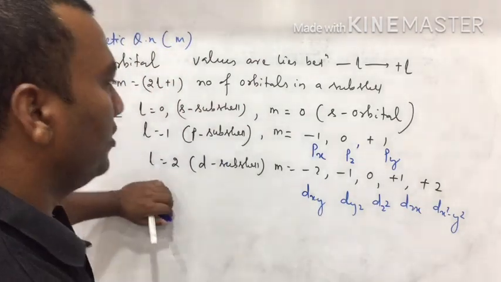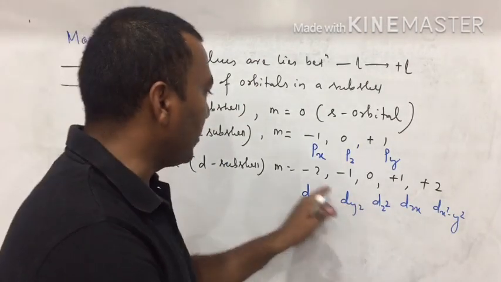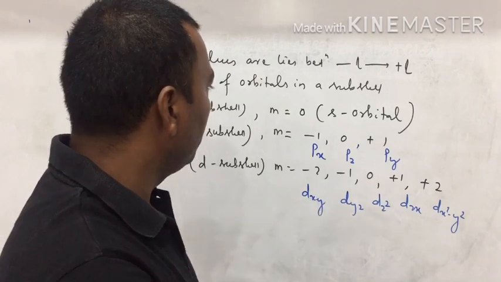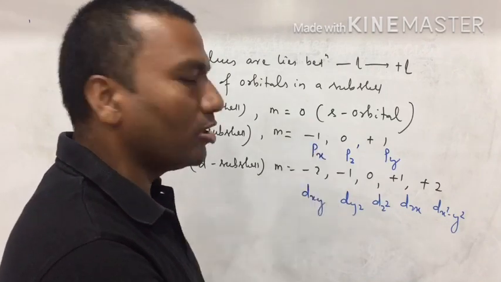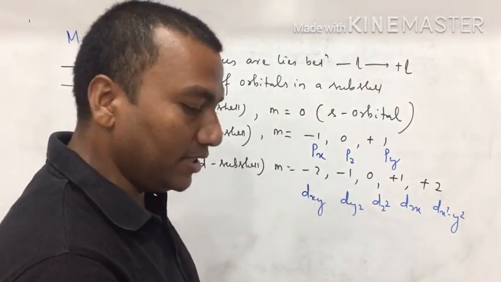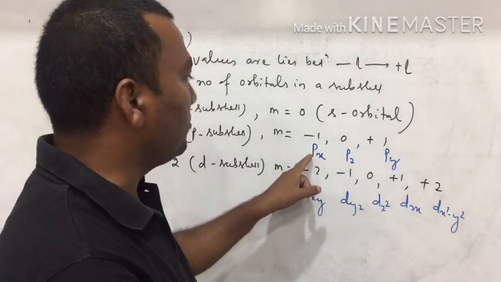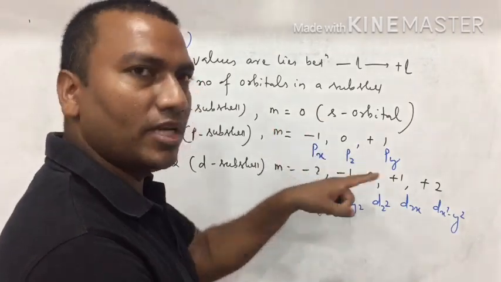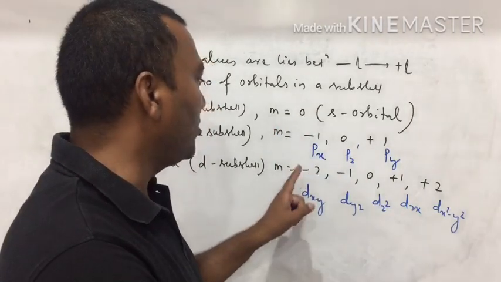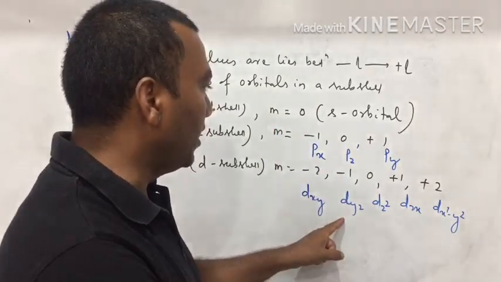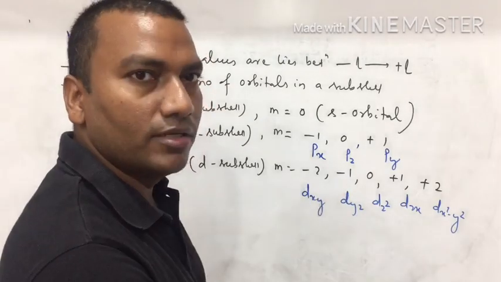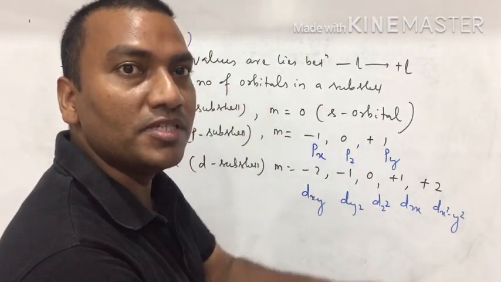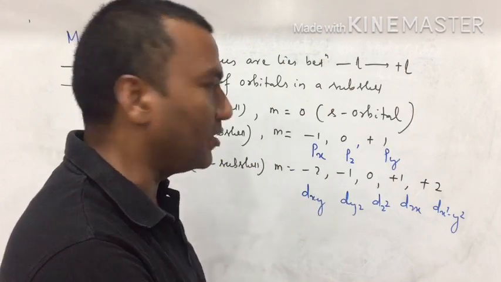Always remember, for dz square the magnetic quantum number value is 0. For pz the magnetic quantum number value is always 0. But now in chemistry we are reading, suppose px may be minus 1 plus 1, py may be minus 1 plus 1, dxy may be minus 2 plus 2, dyz may be minus 1 plus 1. But dz square is always 0. Why? We will read in the bonding chapter.